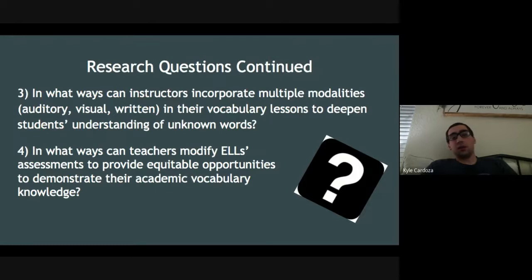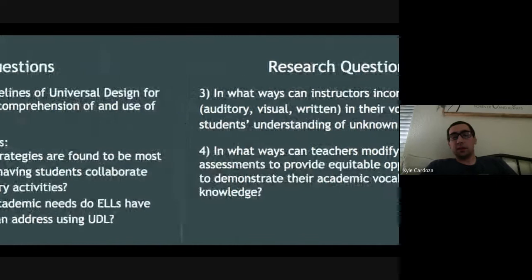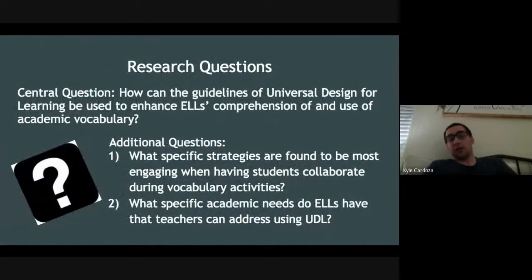As well as, do they think that the assessment scores were improved because of the ability to modify the assessments based on the UDL guidelines? And then finally, going back to my previous slide, do you think that the lessons were more engaging? So that is all going to be answered by a teacher interview.